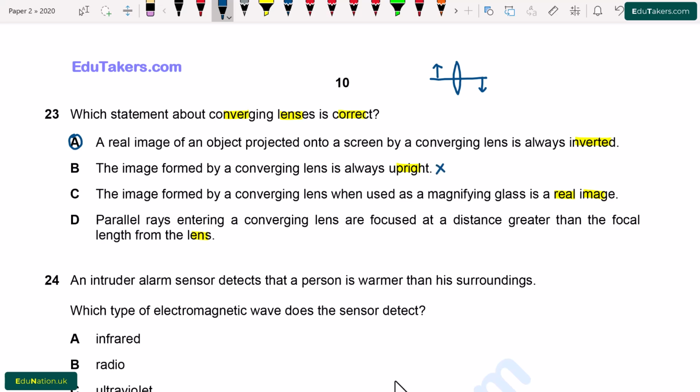So option B is incorrect. C. The image formed by the converging lens when used as a magnifying glass is actually virtual and upright. It is not a real image. So option C is also incorrect. Option D. Parallel rays entering a converging lens are focused at a distance greater than the focal length of the lens. So this option is also incorrect.